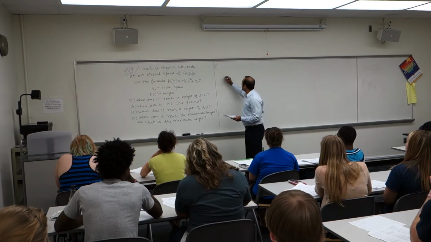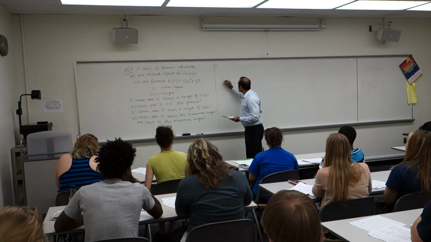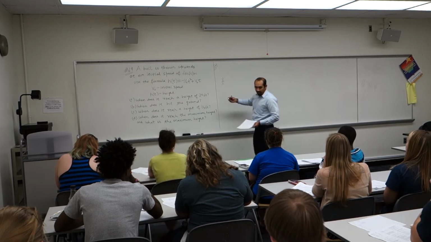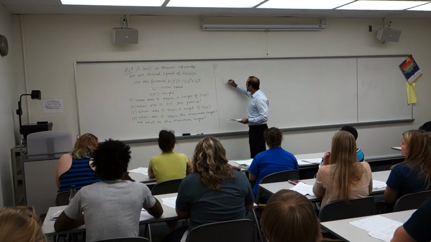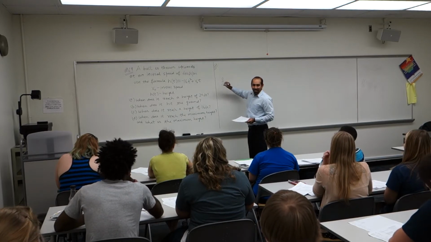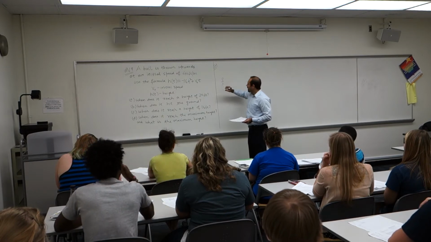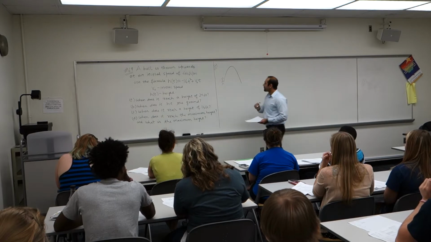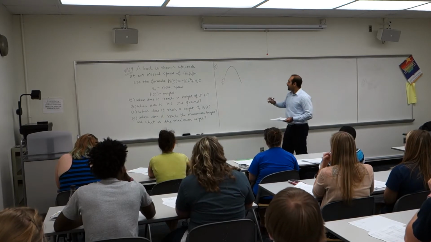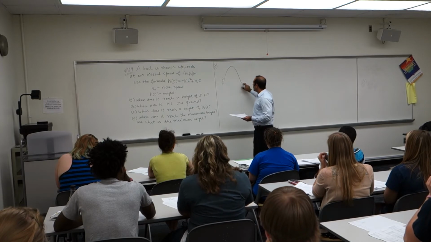So for example, you are done with your finals and now you want to play with a ball. And you are trying to throw a ball. And if you throw a ball up in the air, how is the motion of the ball going to look like? It's going to look like a parabola. So it's going to look something like this, right? So you throw a ball, the motion is going to look like this.